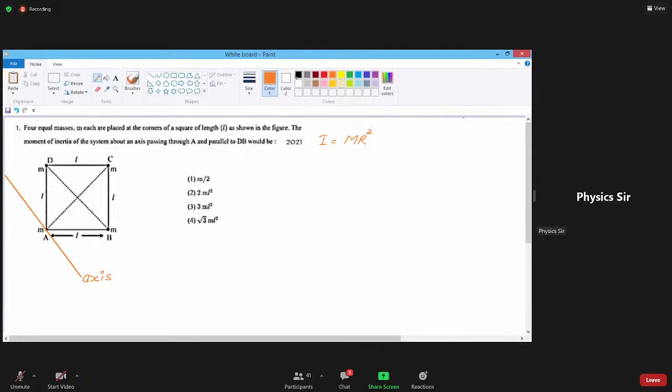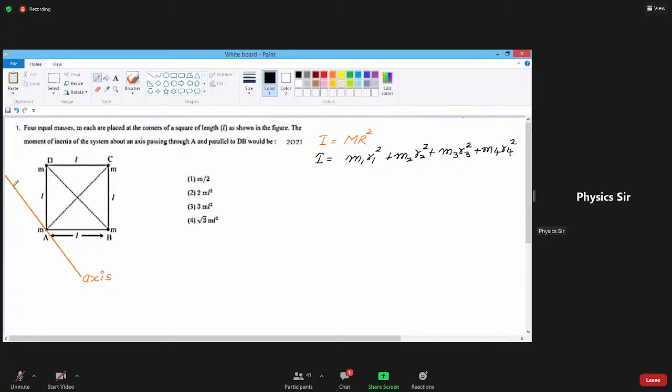If there is a rigid body, then the formula is m1 r1 square plus m2 r2 square plus m3 r3 square plus m4 r4 square. So here there are 4 masses, so I have written m1, m2 and so on, up to mn.